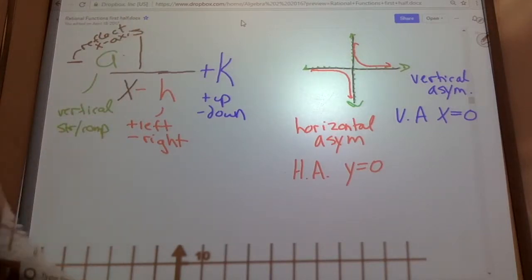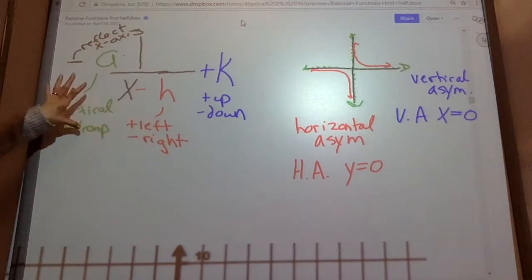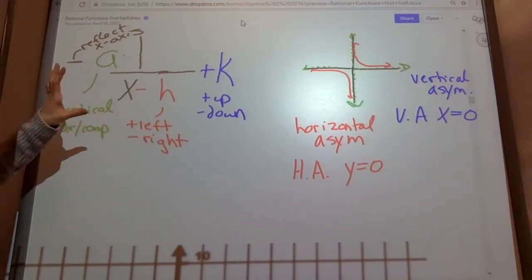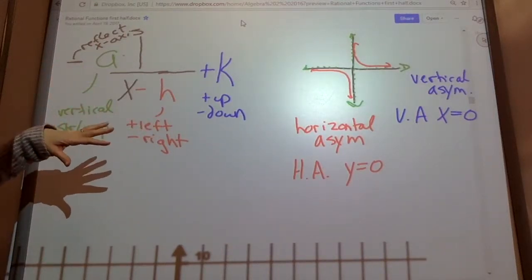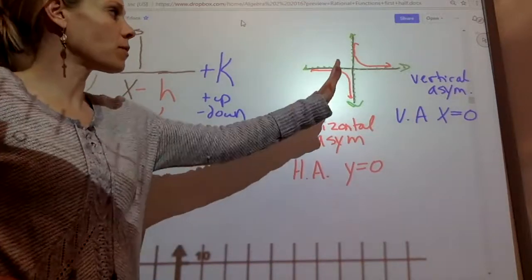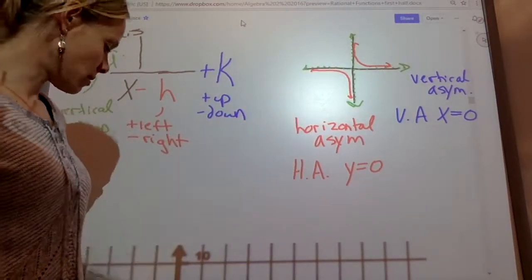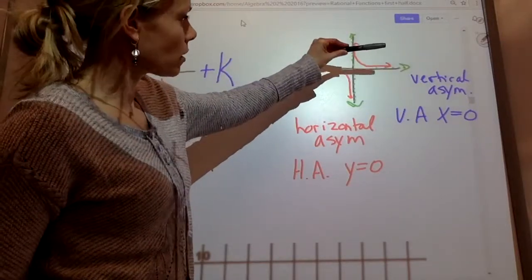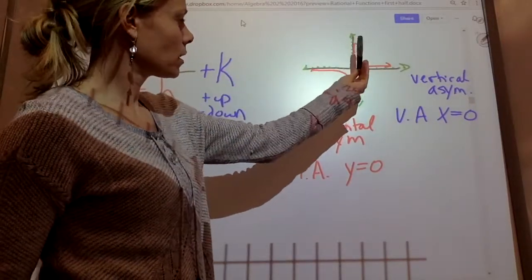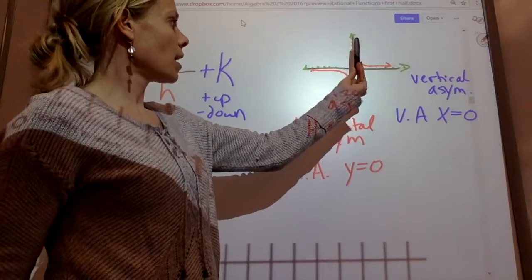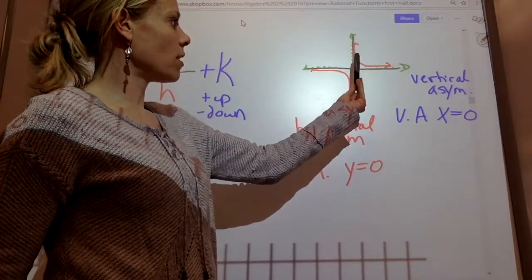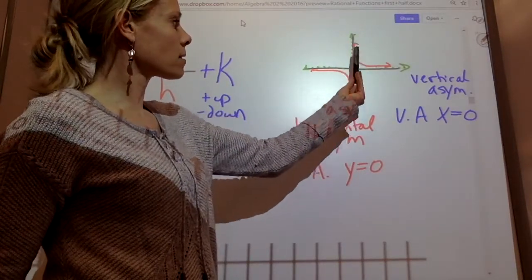Once my parent function, 1 over x, moves up and down, left or right, my asymptotes are going to move. Let's just look at the vertical asymptote. My vertical asymptote is right here. If I move up and down, see how I'm still on the y-axis?